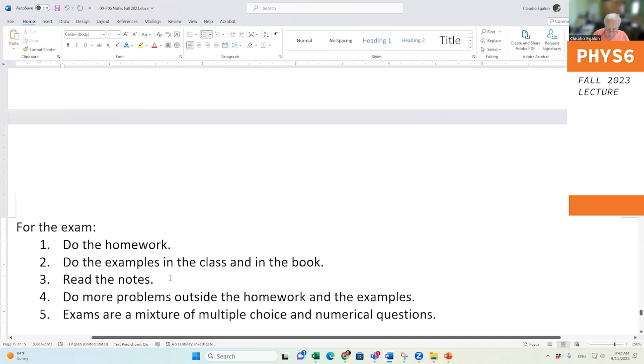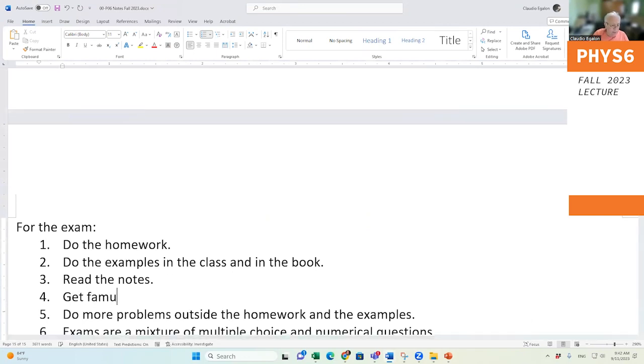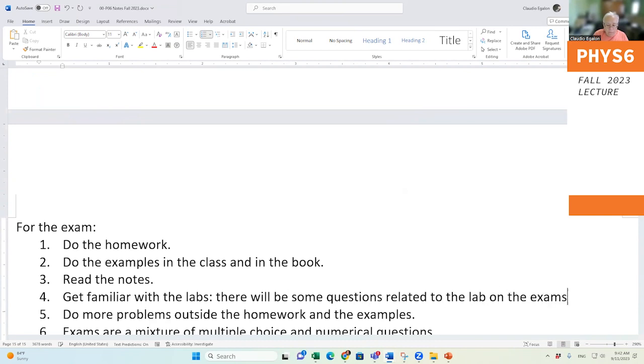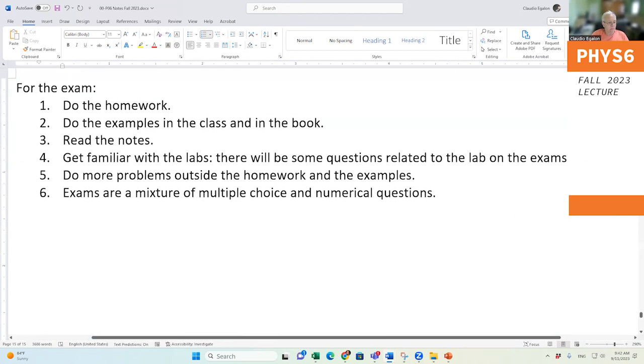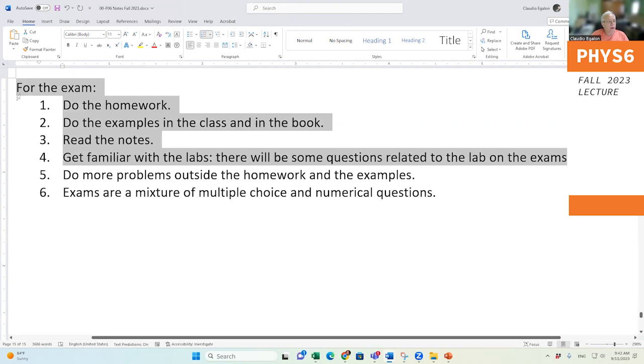Read the notes, and get familiar with the lab, because there will be some questions related to the lab on the exam. So that's the bare minimum, those 4 items here.